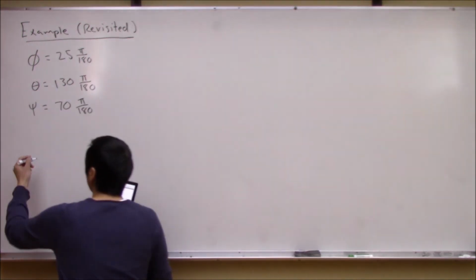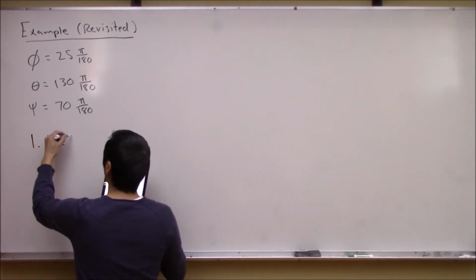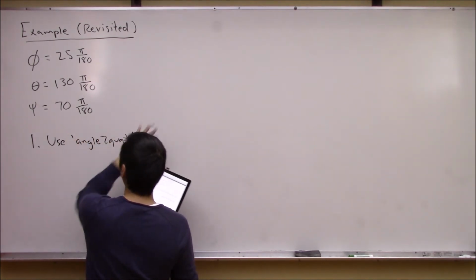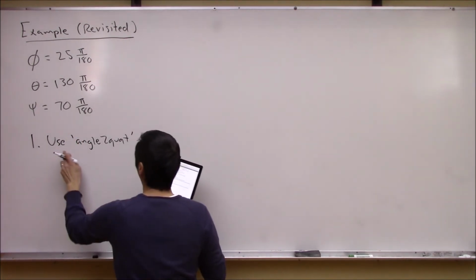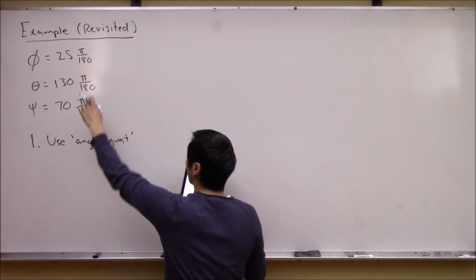So if you think about this, this is sort of like a three-step process at this point. The first thing we can do is use our good old-fashioned angle to quat, or use the algorithm that we talked about earlier, to get the quaternion associated with these Euler angles.